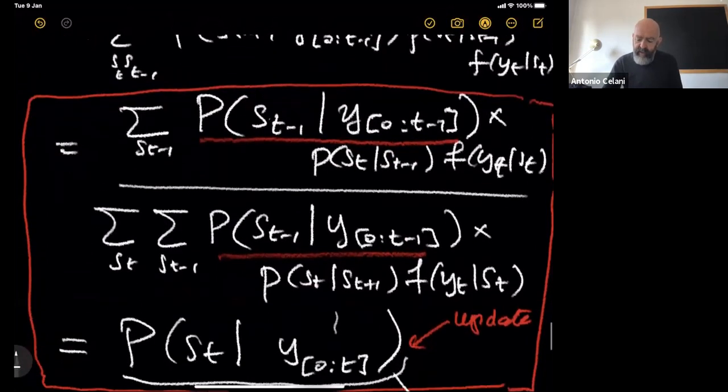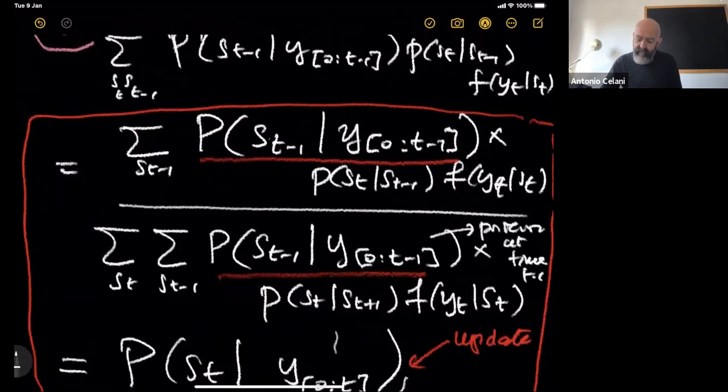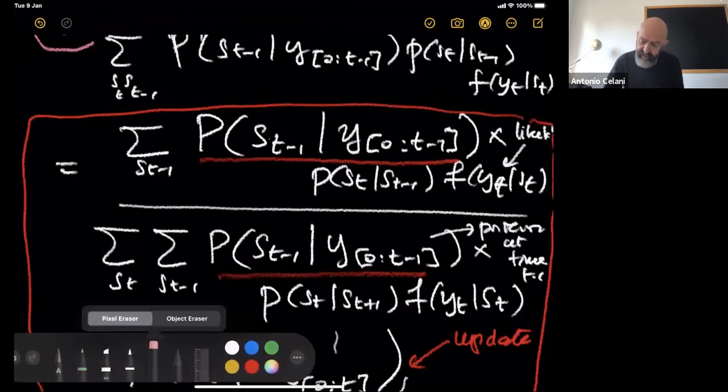And this one here would be the posterior at time t minus 1. And this thing here is the likelihood.